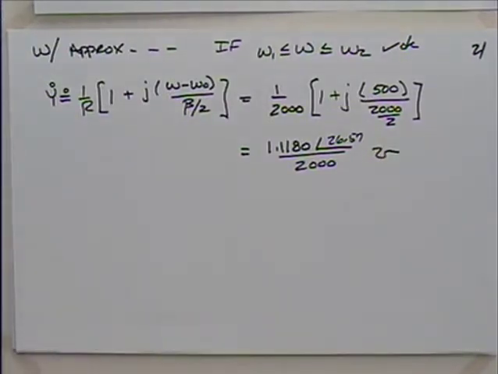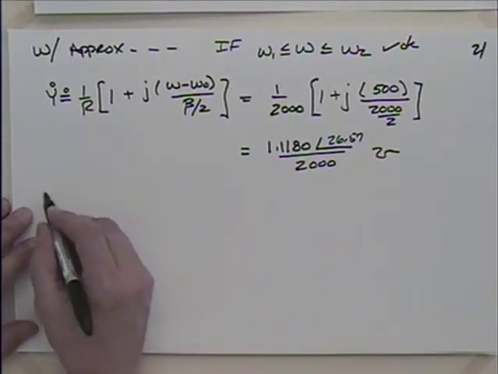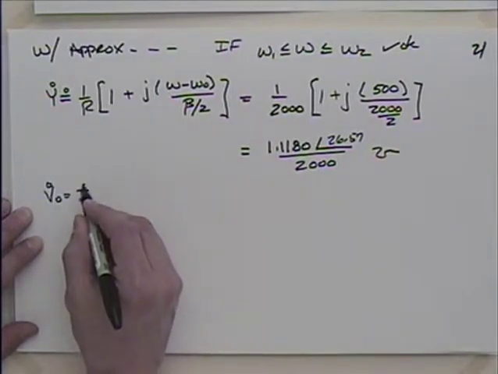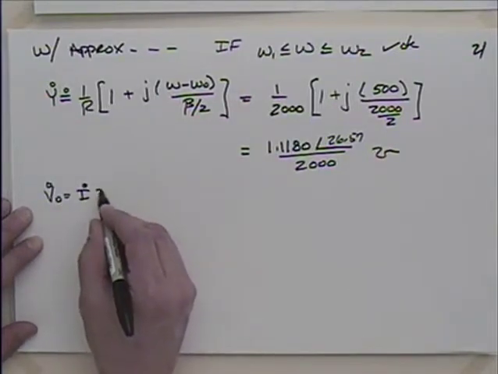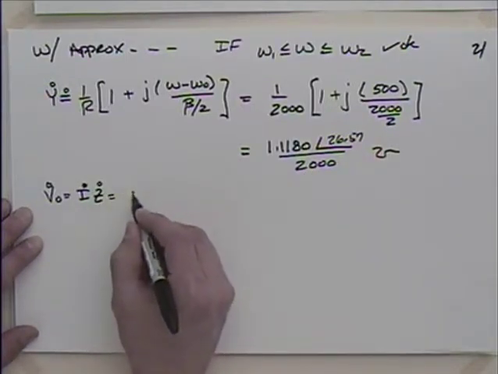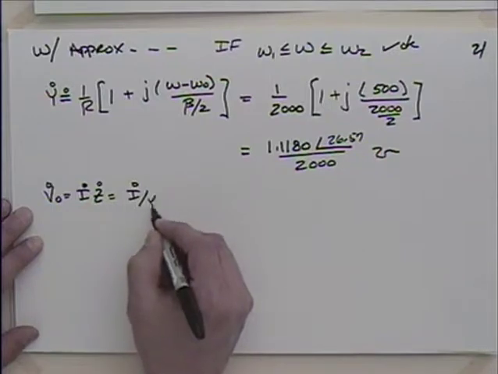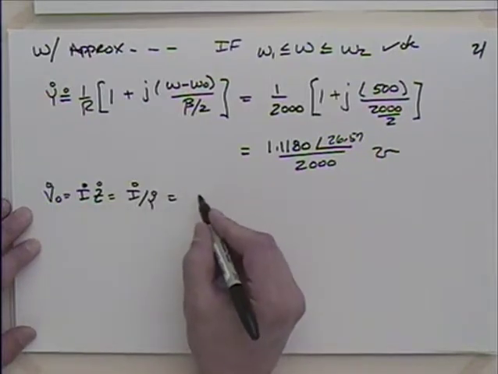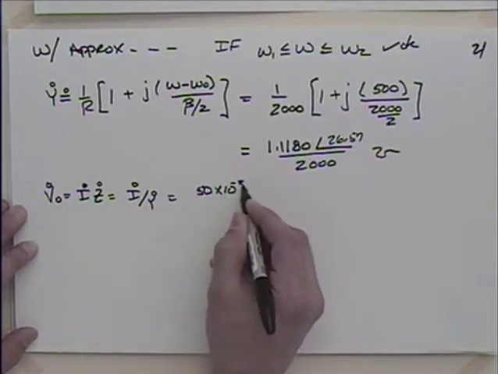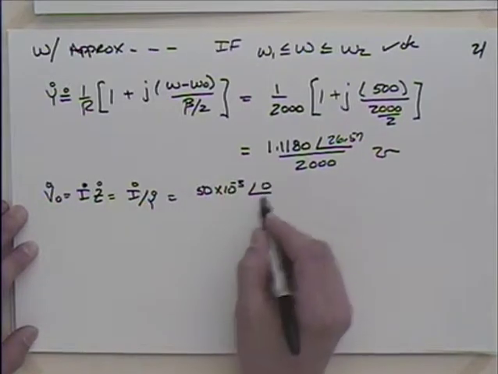I don't know that I need to finish that up because I'm just going to use it to get the current. We could say again that V naught would be equal to the current times the impedance. Actually, I'm not using that to get the current. I'm using that to get the voltage, which would be the current divided by the admittance. So we'll take the current value as what it was before, 50 times 10 to the minus 3, because it was milliamps at 0.